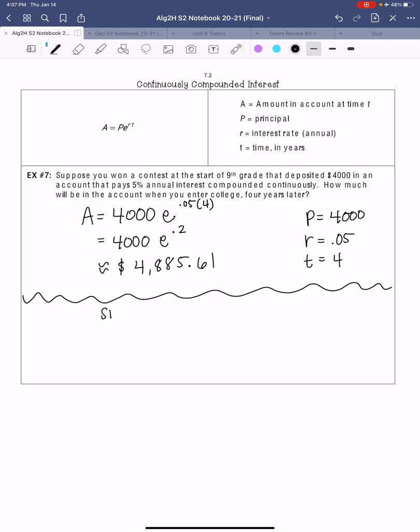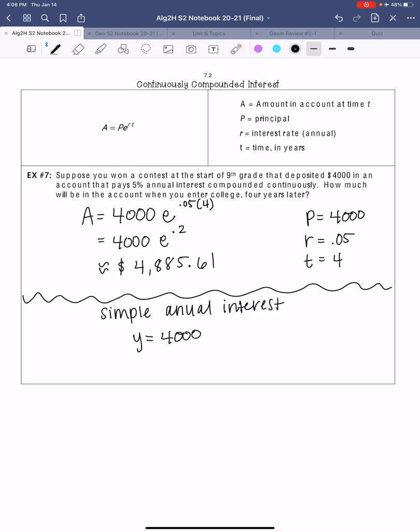So now let's try a simple annual interest one. That's what you should have learned in 7.1. So y equals our principal, which is 4,000. And how much is ours increasing each year? It's increasing by 5%, but you also need to include your initial investment.